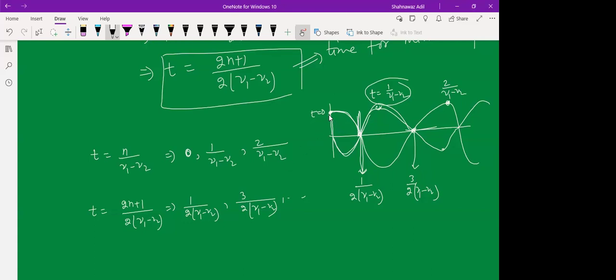How the waves are. Yeah, whenever you have noted, please.